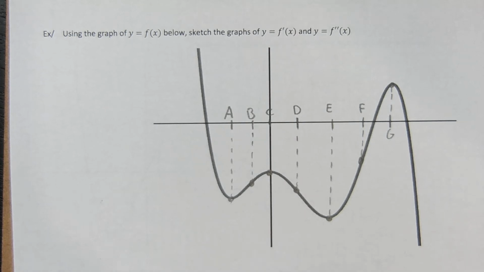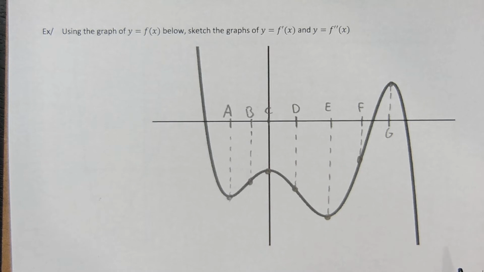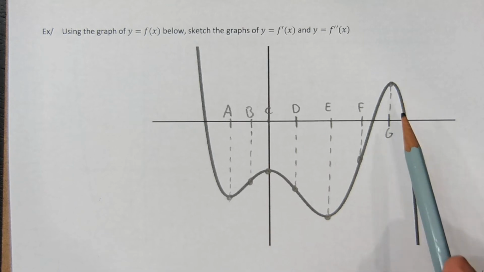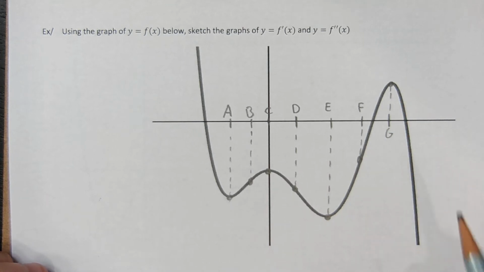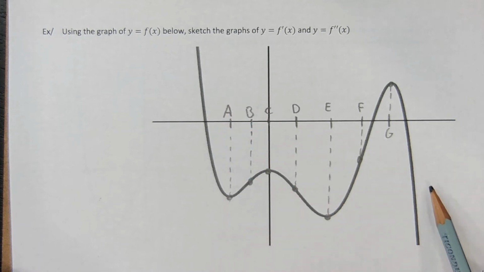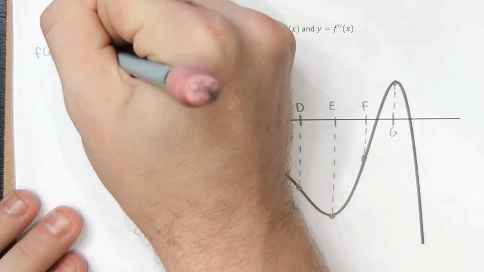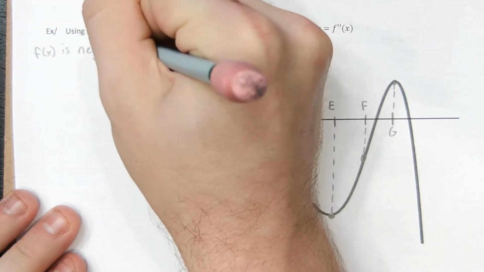First, what do we know? Well, we can see that the endings point opposite directions, which means our leading term has to have an odd degree, and we can count the bumps: 1, 2, 3, 4 bumps. So this could be an x to the fifth graph, but more specifically, since it's left up, right down, it's a negative x to the fifth graph.